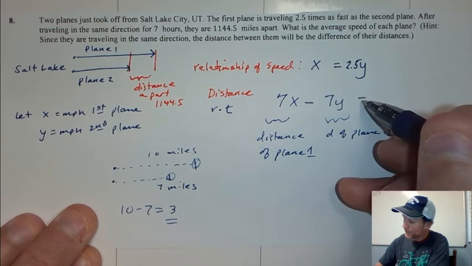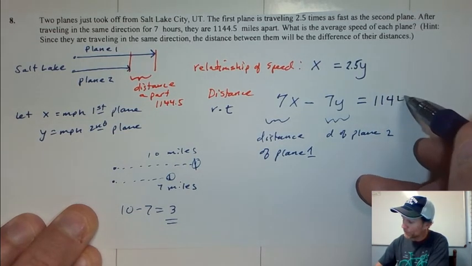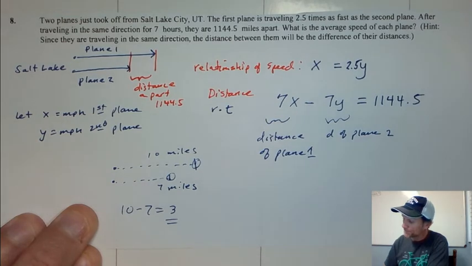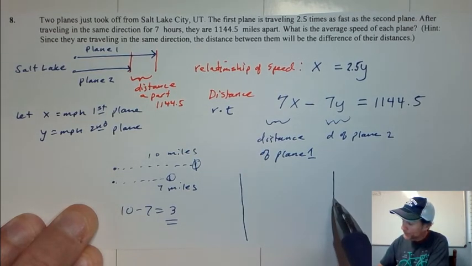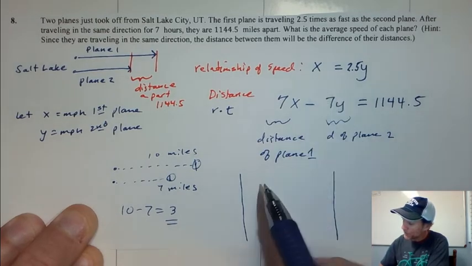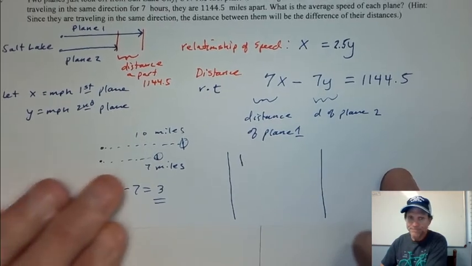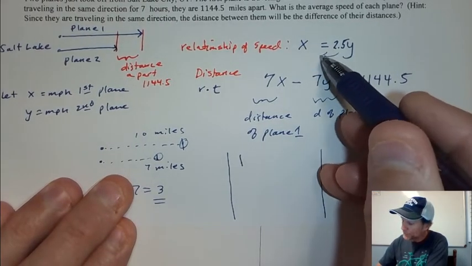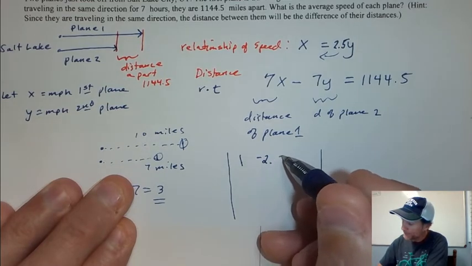But do we know how far apart they are? Well, they are 1,144.5 miles apart after 7 hours. So what does my matrix look like? Be careful with this. The 1 for the x, I'd have to move this 2.5 over to the left side, so it's negative 2.5.